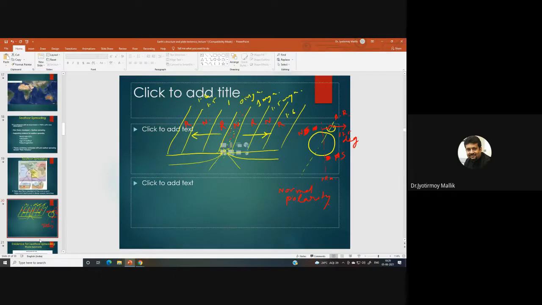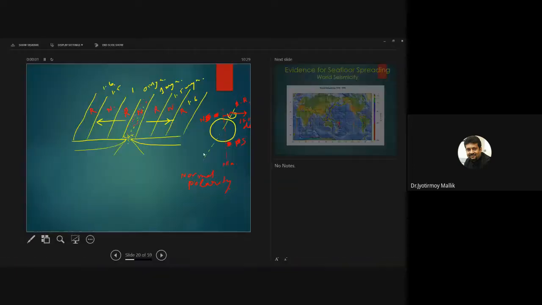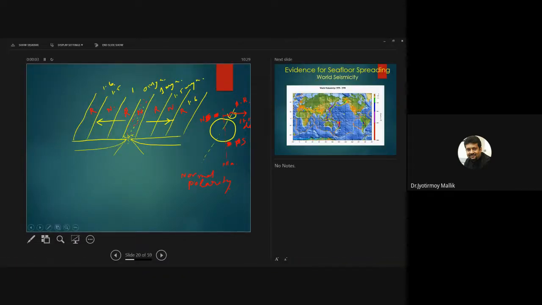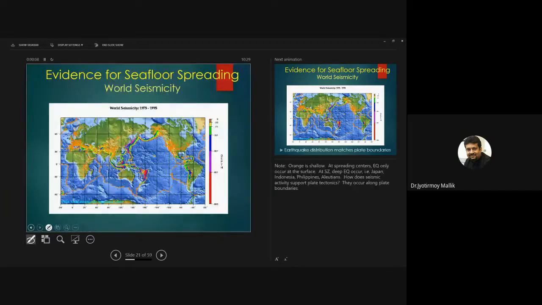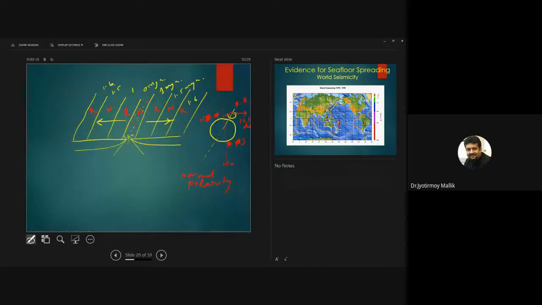Let me explain. What we have talked about, we have the outer core and the inner core, right? How is the outer core? Is it fluid or solid?